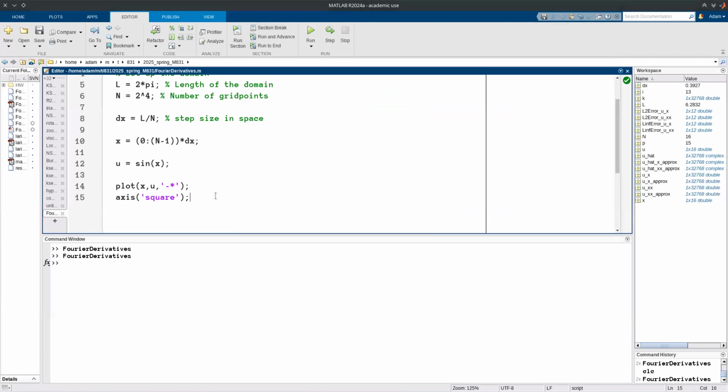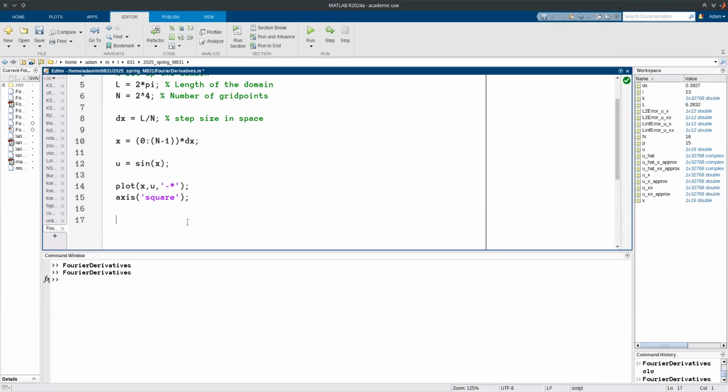All right. So now we'd like to compute a Fourier transform. Fortunately, MATLAB handles most of this for us without much trouble. So I like to call my Fourier variables by hat, so u hat. It's nice to call it u hat because it reminds you that it came from the variable u, and we're taking the Fourier transform out of it.